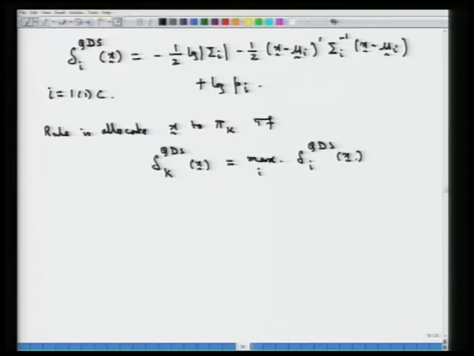The classification rule is just based on these quadratic discriminant scores.